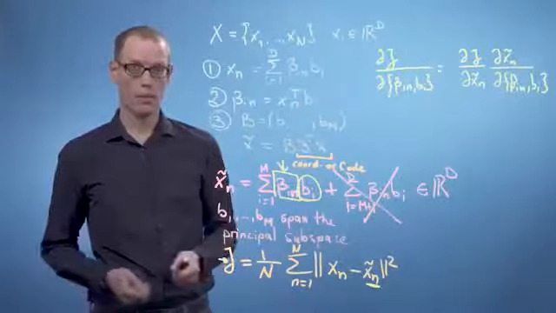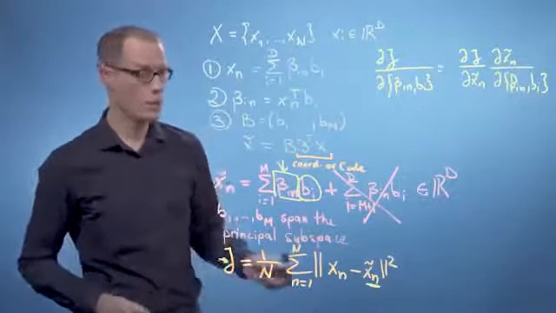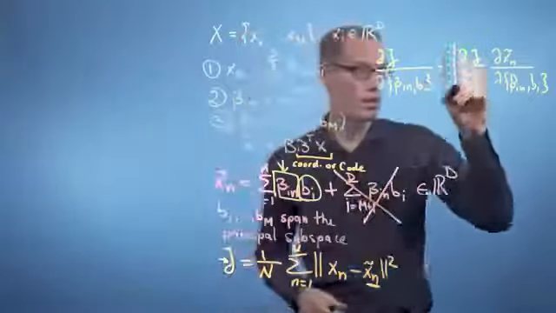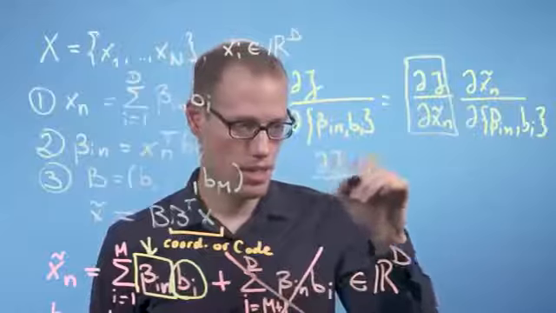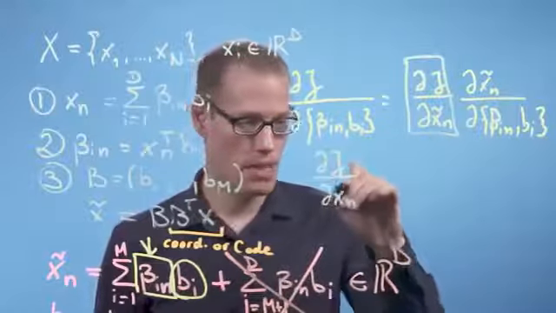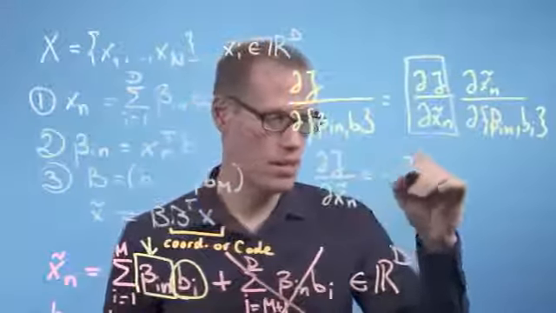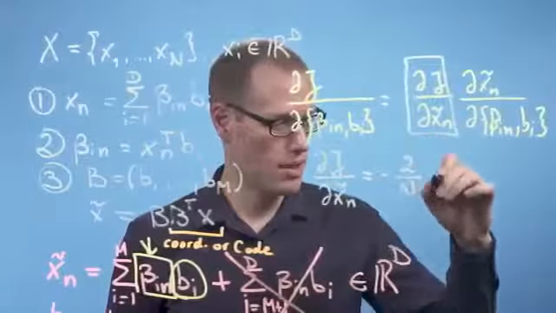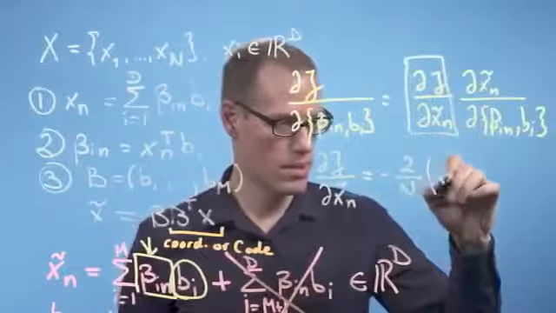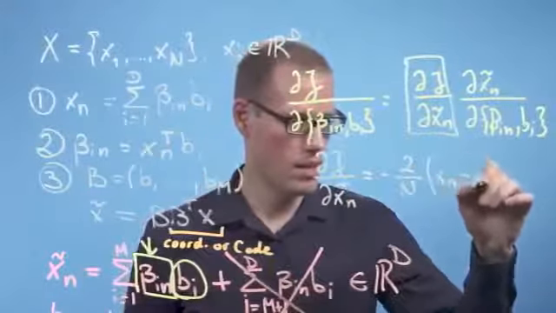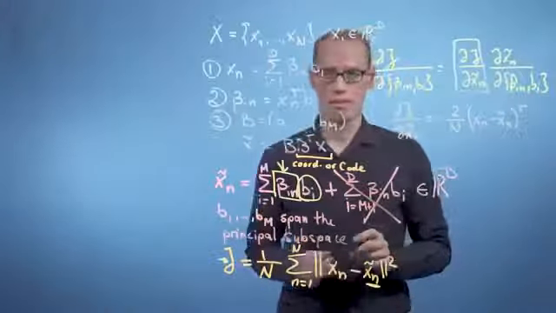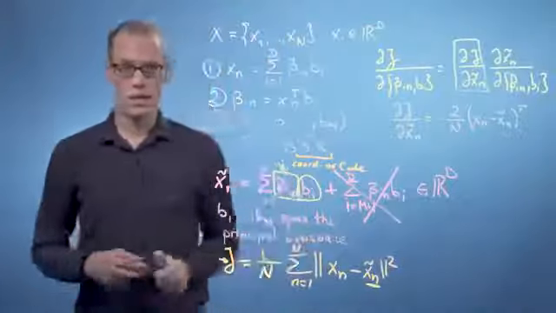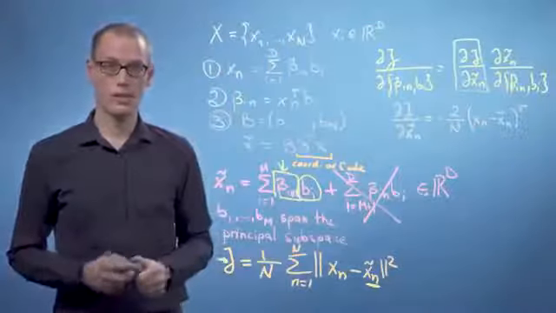And the first part we can already compute, and we get dJ by dx̃_n is minus 2 over N times (x_n minus x̃_n) transpose. And the other derivatives we compute in the next videos.